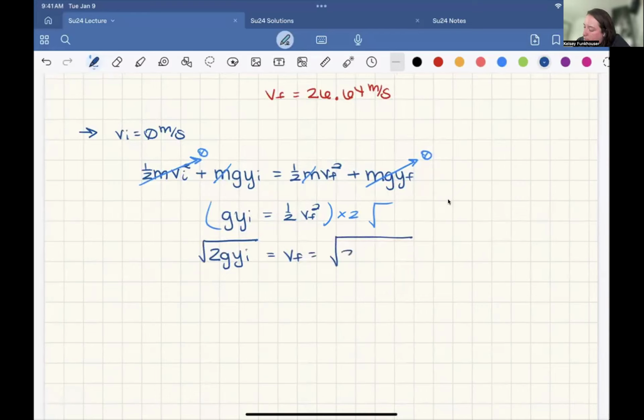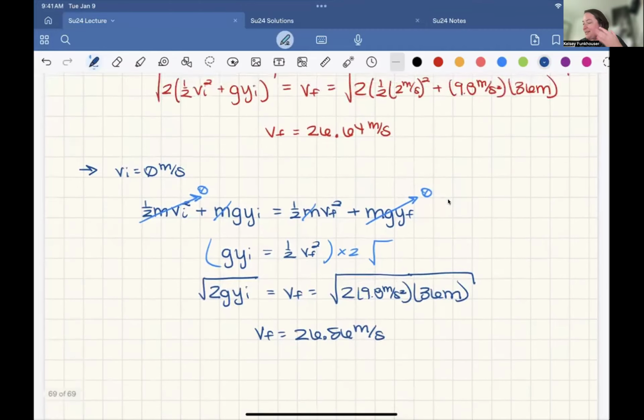The square root of 2 times 9.8 meters per second squared times 36 meters gives us a v final of 26.56 meters per second. You might have been wondering why I didn't round more.